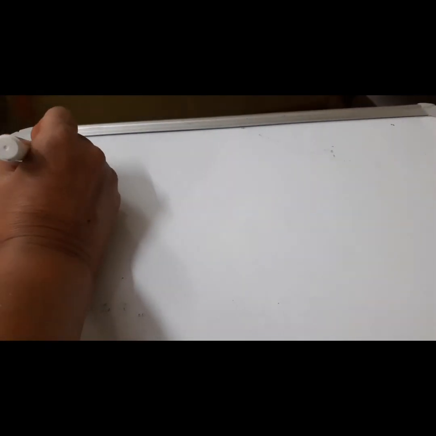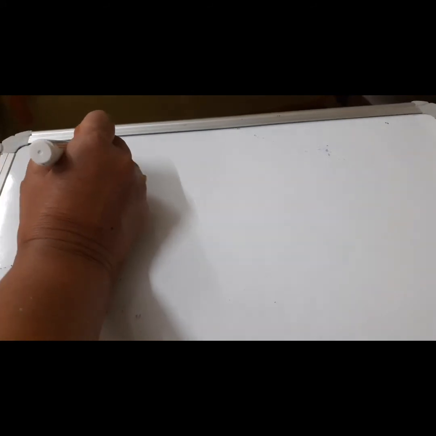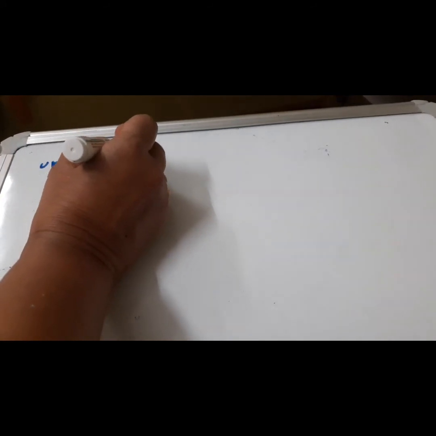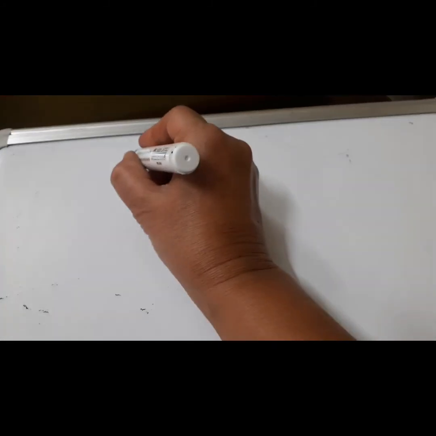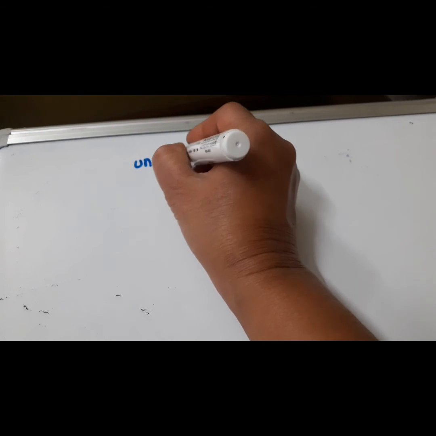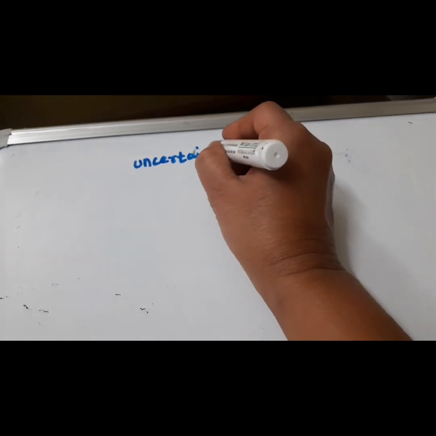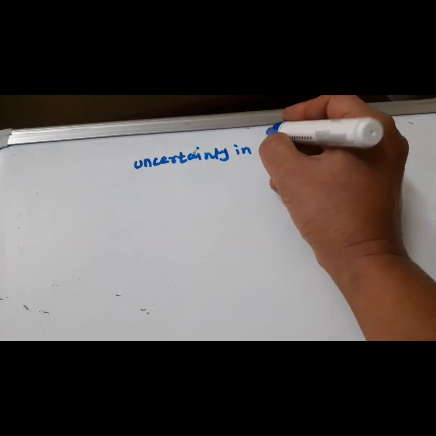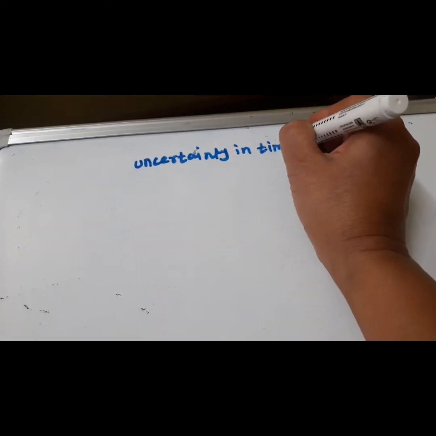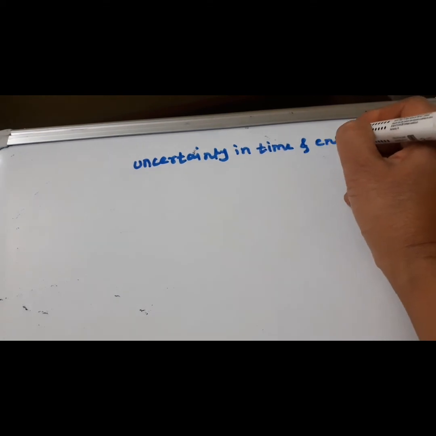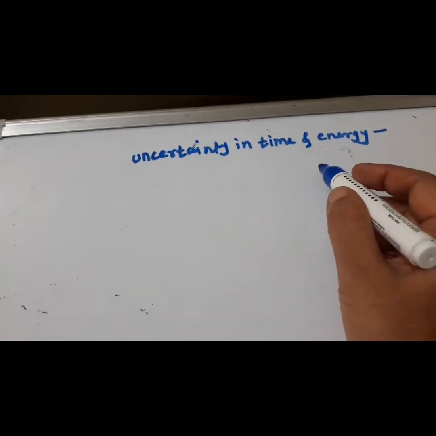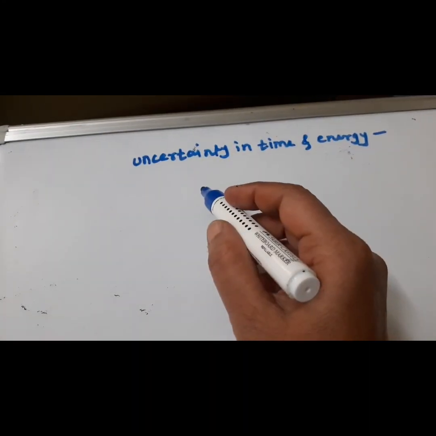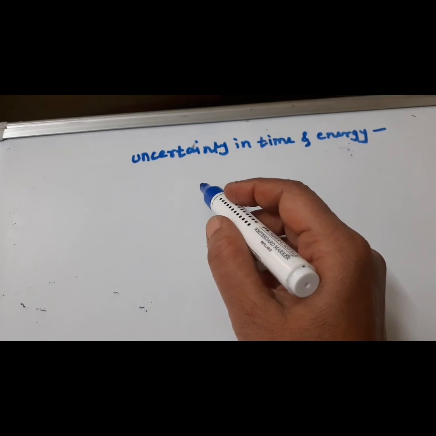Here we will see uncertainty in time and energy. Consider the electron of mass m moving with velocity v.